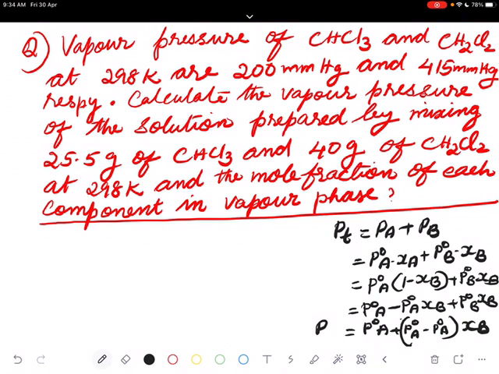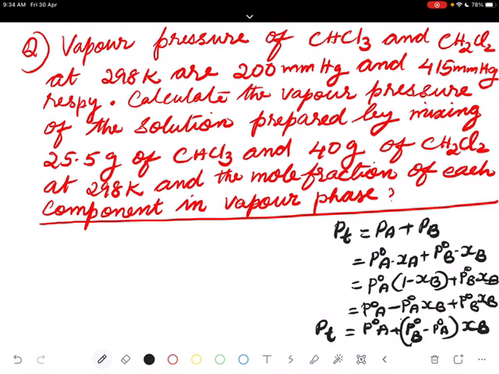So PT is equal to P naught A plus P naught B minus P naught A into XB.